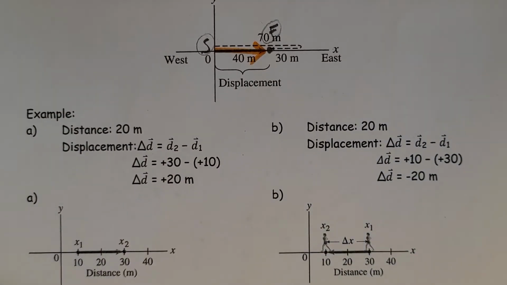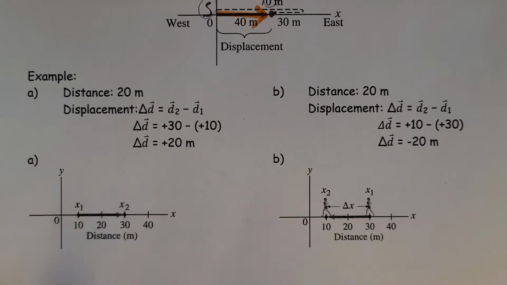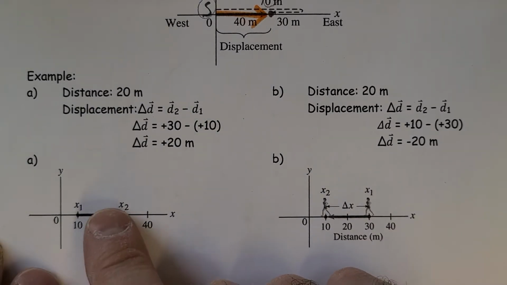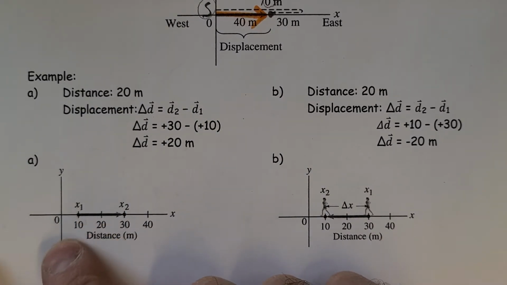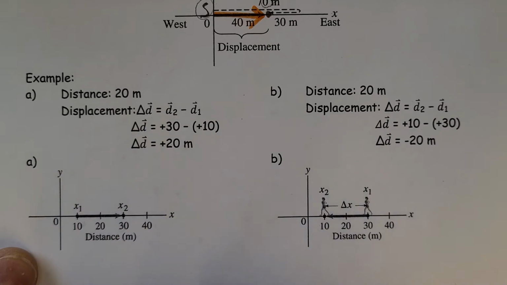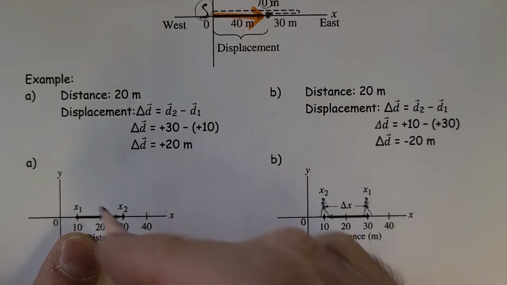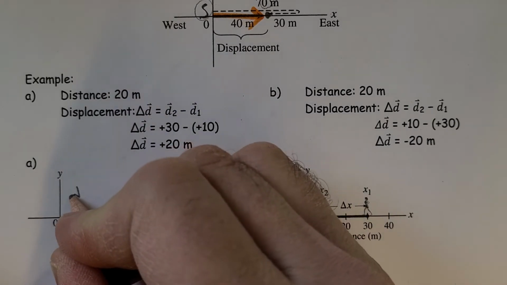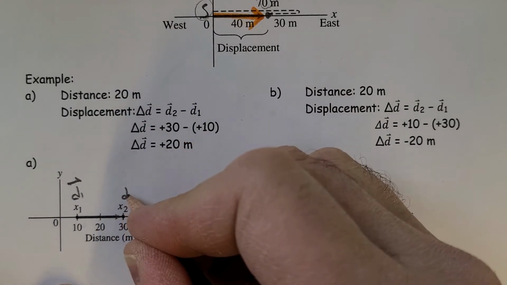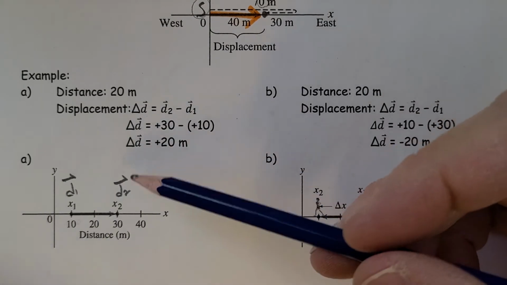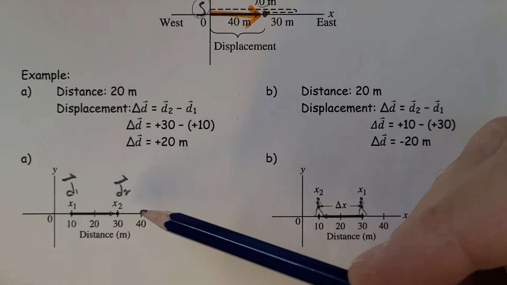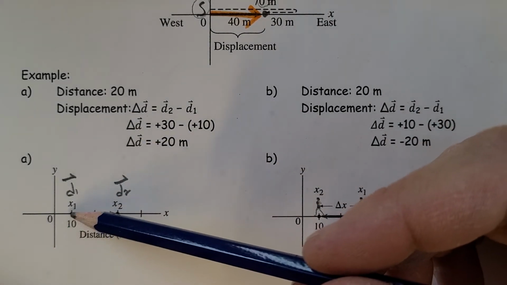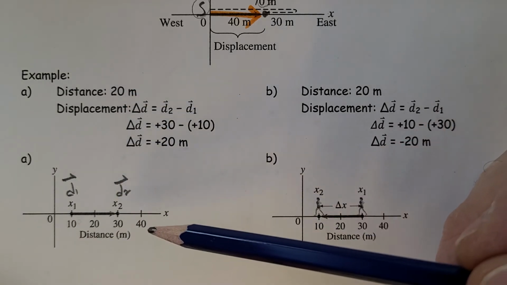So if we looked at this scenario here, the distance traveled, if I start at the 10-meter spot and move to the 30-meter spot, and now here in this graph, I call it x1 and x2. I could have easily called it D1 and D2, and putting the half arrows to indicate that they are vectors. We can see what's happening. So the total steps that I took, just simply 20 meters.